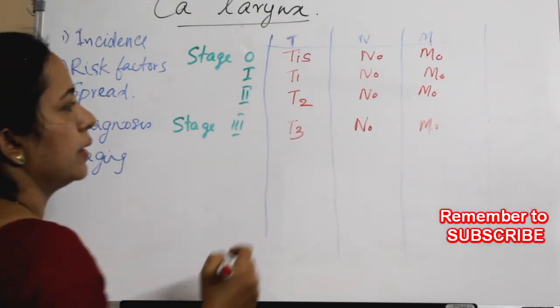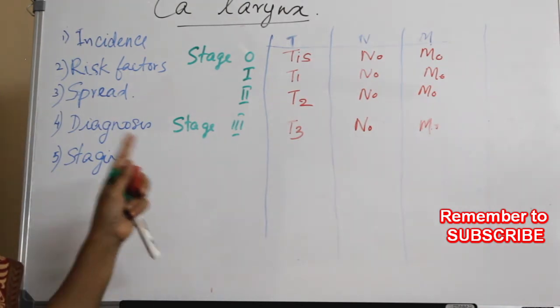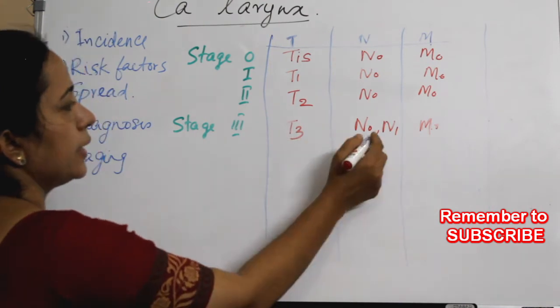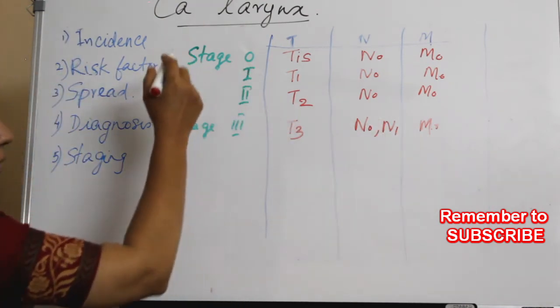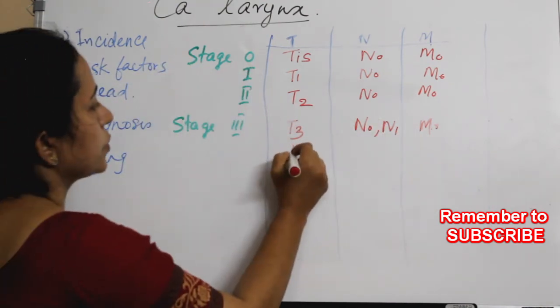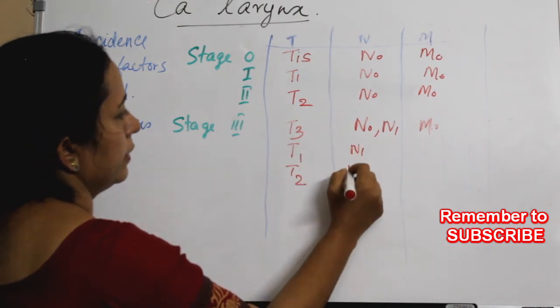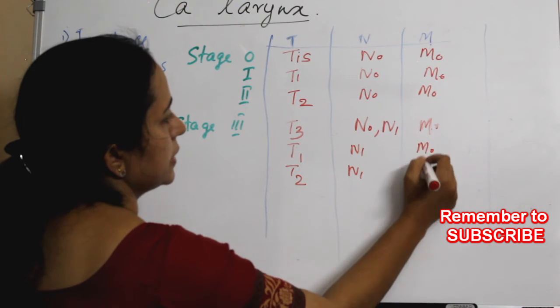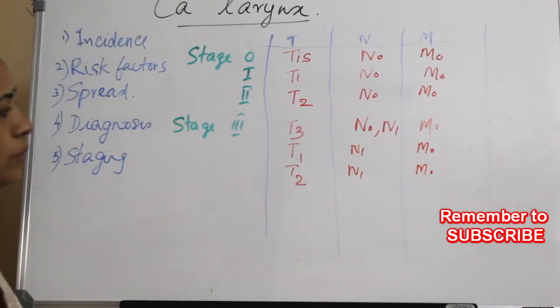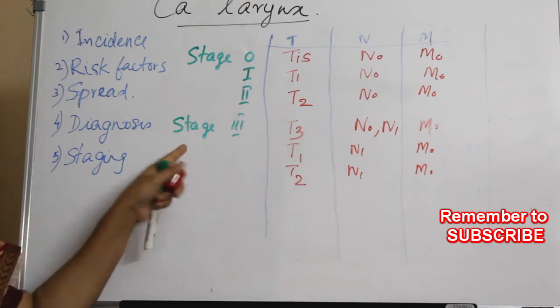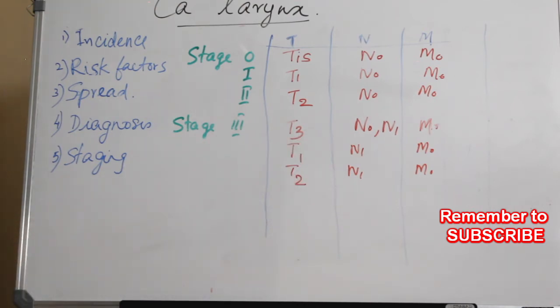T3 with N0 is stage 3, but along with that, T3 with N1 is also stage 3, and also T1 and T2 with N1 become stage 3. Okay, so N0 and N1 come in stage 3.